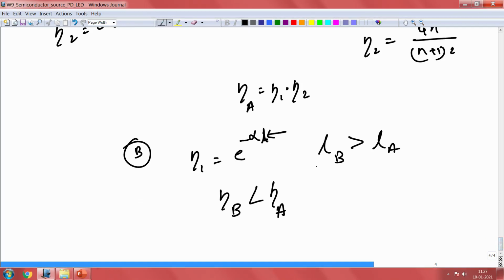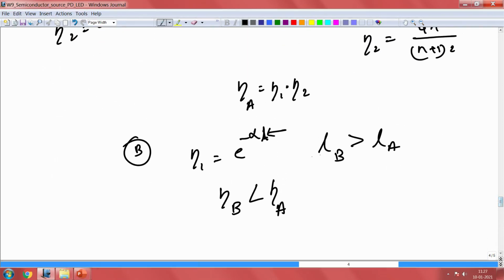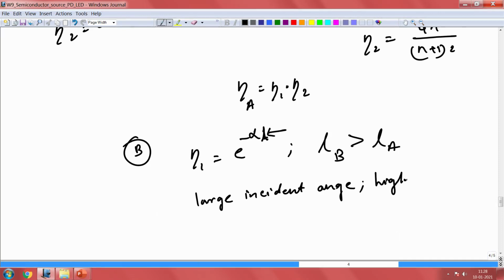So, eta 2 is taken care of here, but then because of the length, and the next reason is the large incident angle. Because of large incident angle, you have higher Fresnel reflection.